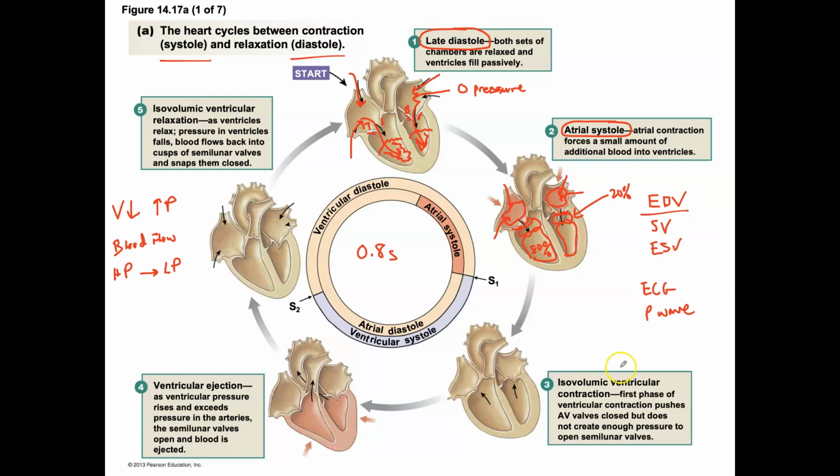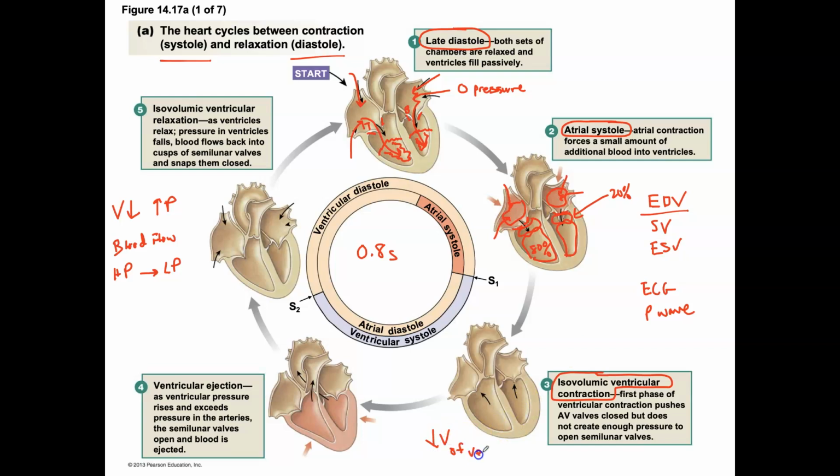So let's move to the next phase, which is called isovolumetric ventricular contraction. Isovolumetric ventricular contraction is the ventricles going through a state of contraction, but we're not actually ejecting blood yet. What we're doing is decreasing the volume of the ventricles, right?